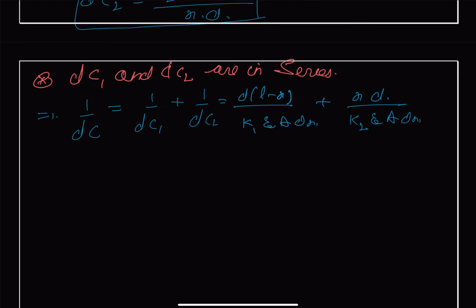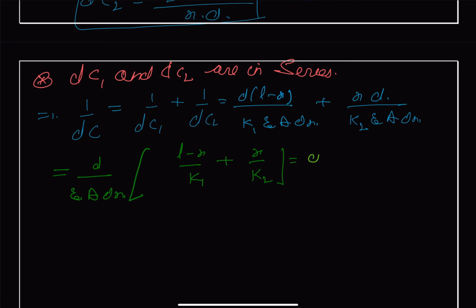And we can take something common, and that will be equal to d upon epsilon naught A dx, and we are left with L minus x upon K1 plus x upon K2. K1 multiplied by K2 will be our LCM.